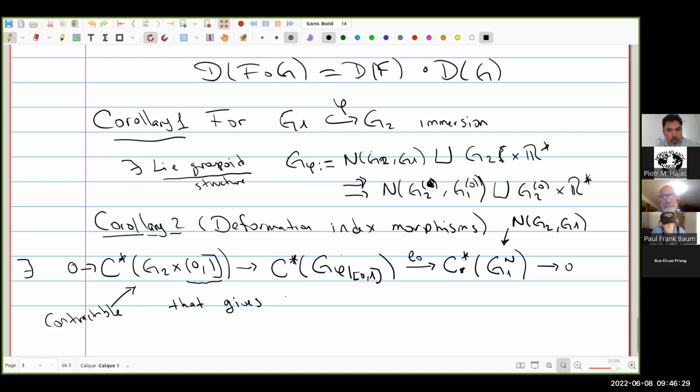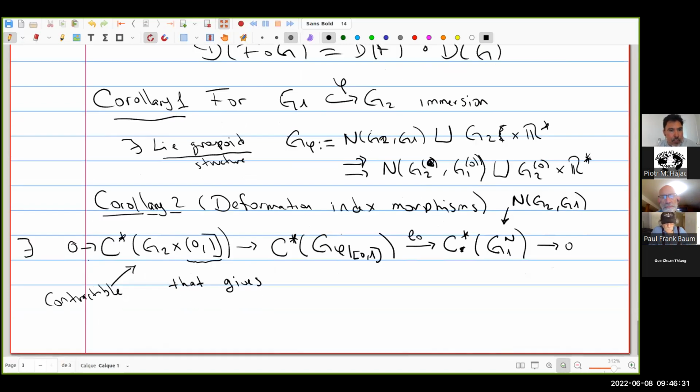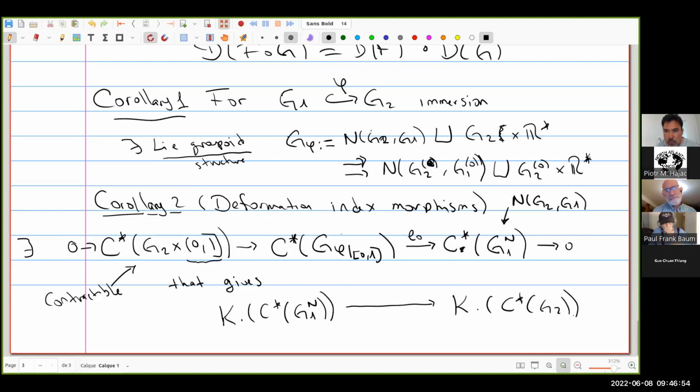So the short exact sequence of C-star algebras gives a map from the K-theory of G1n to the K-theory of G2, which I will call index phi.